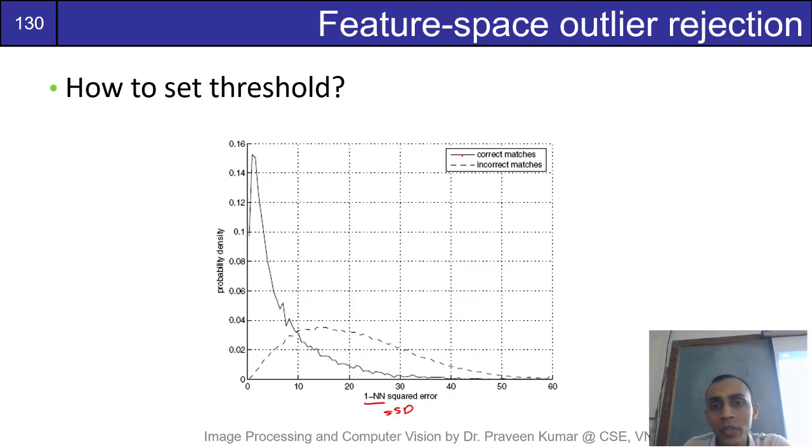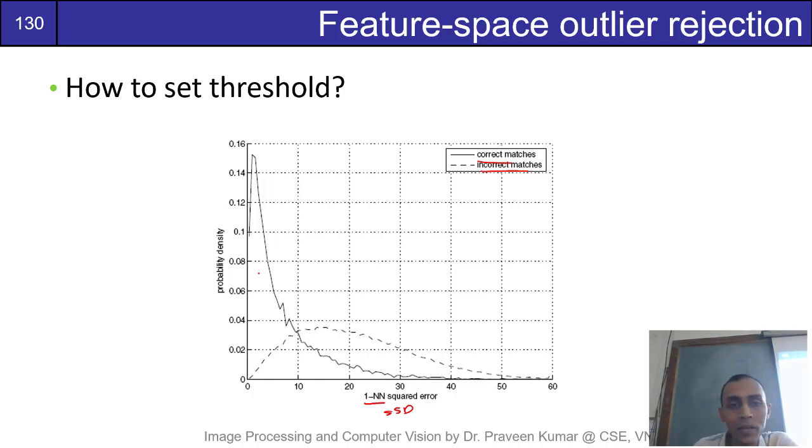They have plotted two things: one is correct matches and another is incorrect matches in the dashed one. What it says is that once this sum of square difference increases, the density of correct matches falls down sharply.